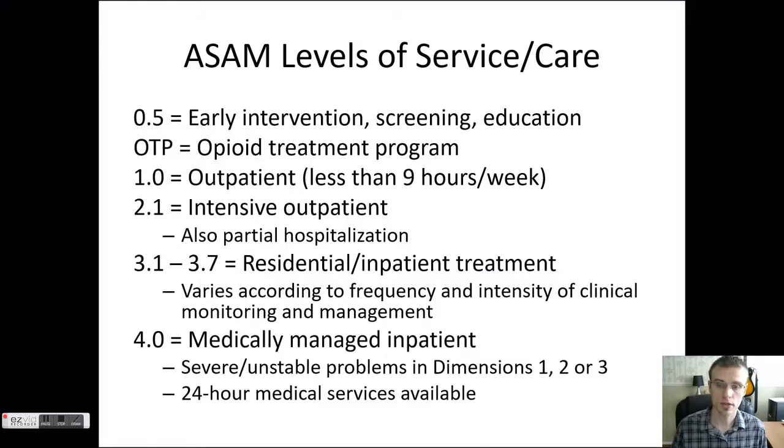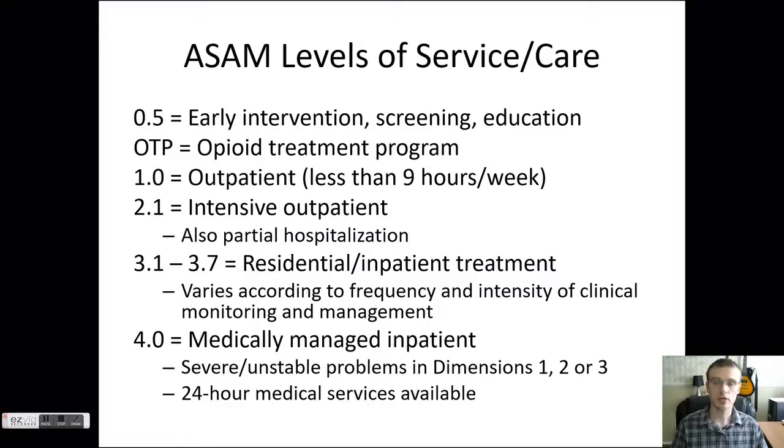Many organizations are going to have outpatient or intensive outpatient, or other places will have explicitly residential or inpatient. You'll also find other places that have partial hospitalization treatment services as well. So it's good to know what's available in your area, so that if you do find that somebody needs a higher level of care than you can provide, you have those services available.